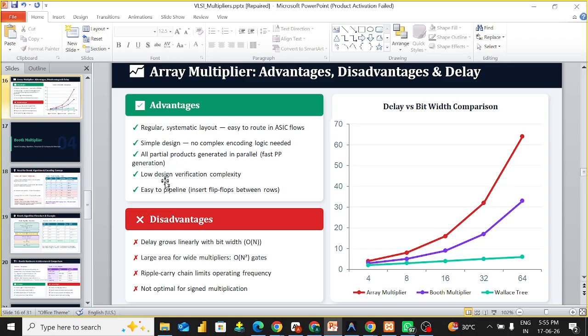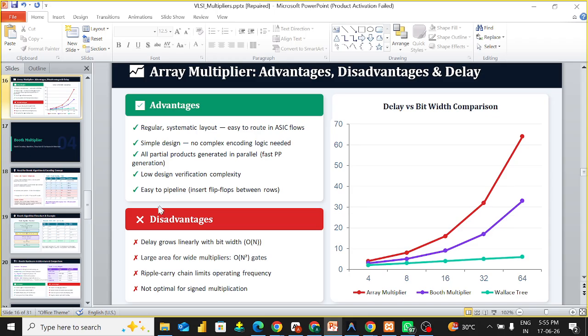Low design complexity: because just like I said, they are in a rectangular regular array. And easy to pipeline because it inserts flip flops between the rows, so it's easy to connect and integrate between each other, right?